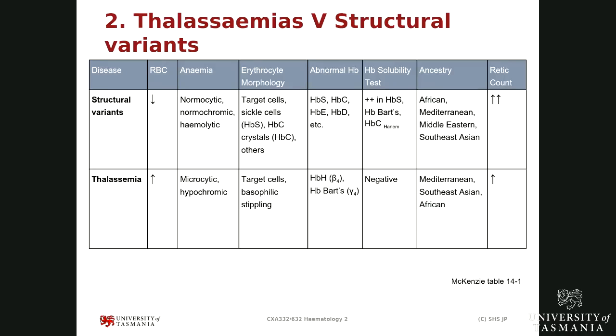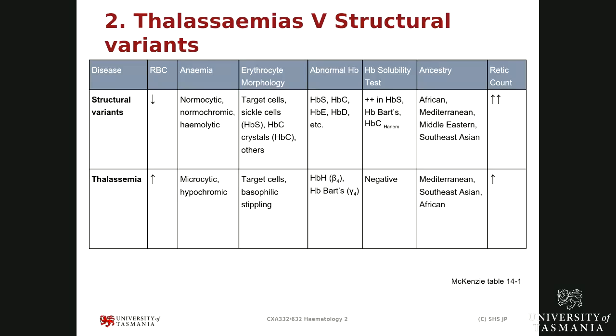We can see target cells in almost everything that we look at, but there are some very specific red cell morphologies and inclusions that we see with the structural variants. And don't forget that basophilic stippling that we saw in that rather lovely film from last week with the person who had beta thalassemia. And there are ways in which we can actually detect the abnormal hemoglobin, and there we have whereabouts we usually find these conditions.